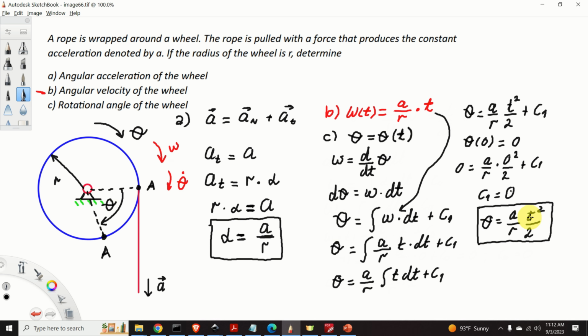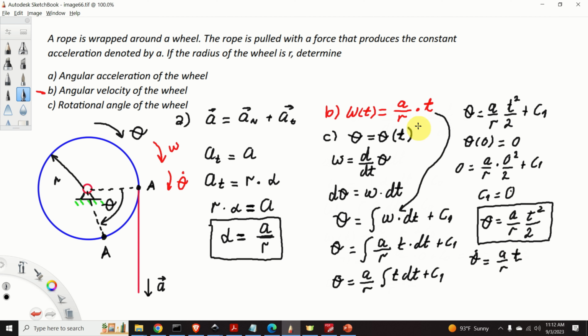So how can we verify that this solution is correct? Well, this is easy. If we take the first derivative of theta, we should obtain omega. So let's see that. Theta dot is obviously equal to A over r, and what do we have over here? 2t over 2, that's simply t.